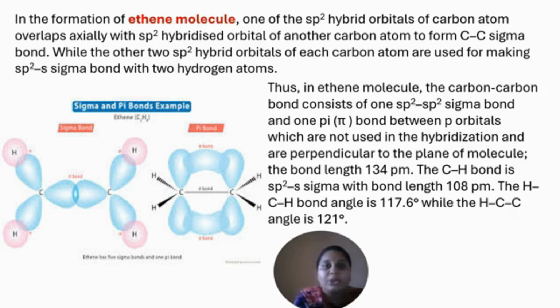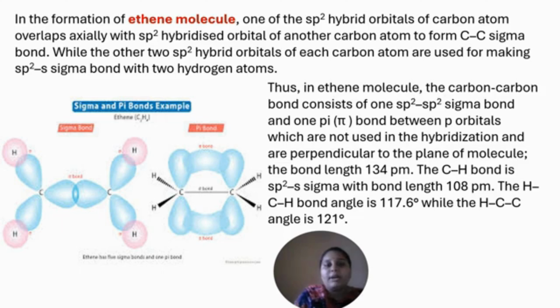In the ethene molecule, the carbon-carbon bond consists of one sp2 sigma bond and one pi bond between the p orbitals, which are not used in hybridization as they are perpendicular to the plane of the molecule.